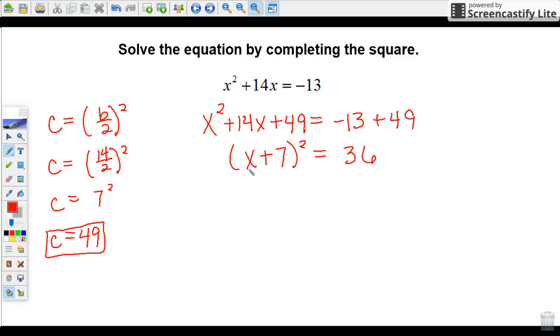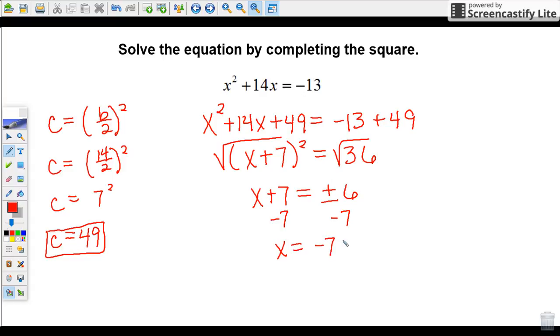So now I use my square roots method because I have a binomial squared. I take the square root of each side. That leaves x plus 7 on the left, and on the right I get plus or minus 6. So now I need to subtract 7 on each side. So x is going to equal negative 7 plus or minus 6.